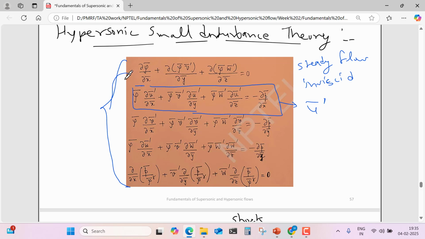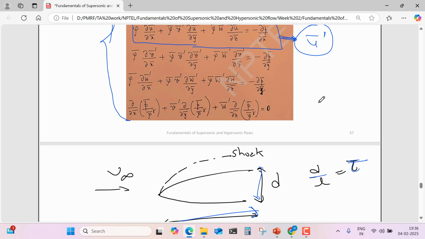So first we will solve the rest of the 4 equations and find the unknowns. After that only we will use this x momentum equation to find the u cap. So this u cap is decoupled from the other equations, which implies that there is not much effect on the u cap.